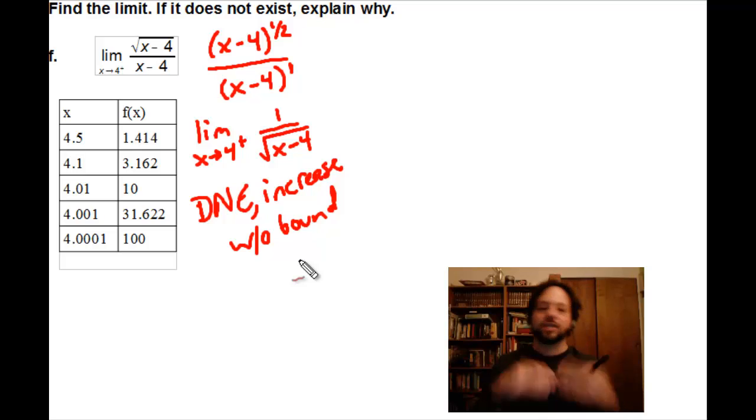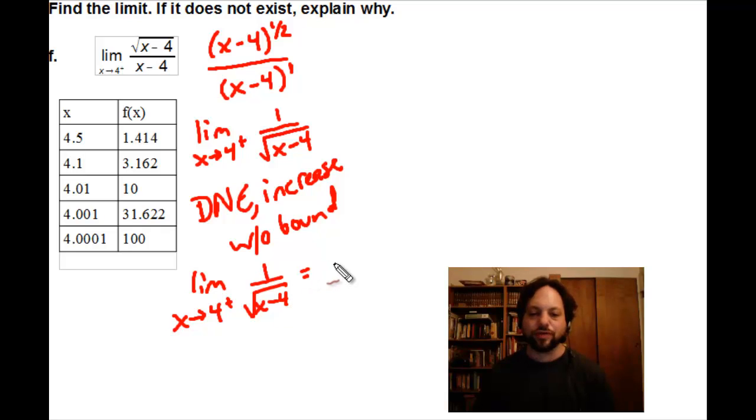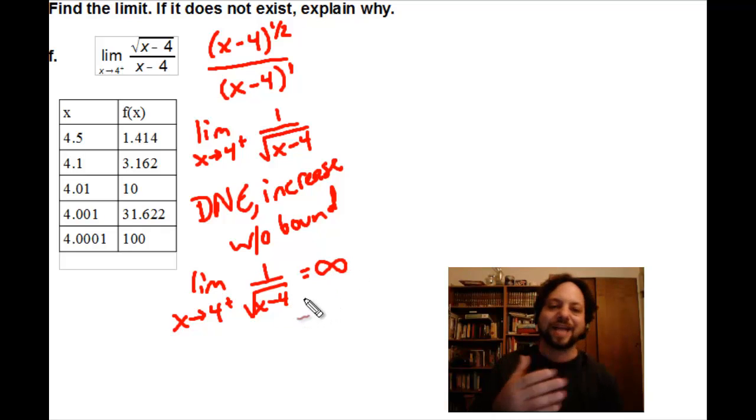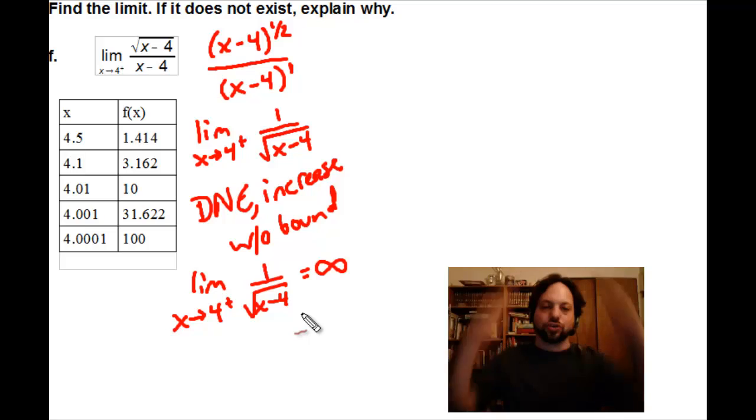Now, some mathematicians will tell you that this means that the limit is actually equal to infinity. I'm going to argue it can't actually equal infinity because infinity is not a number, but at least writing that tells us that it is tending to grow and grow and grow.